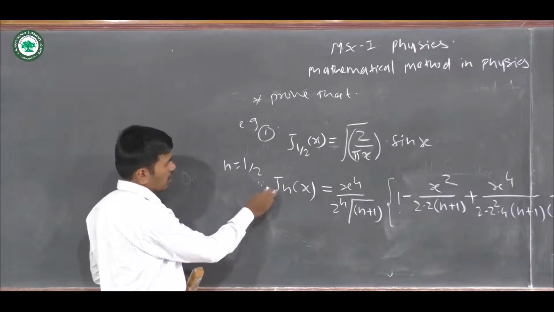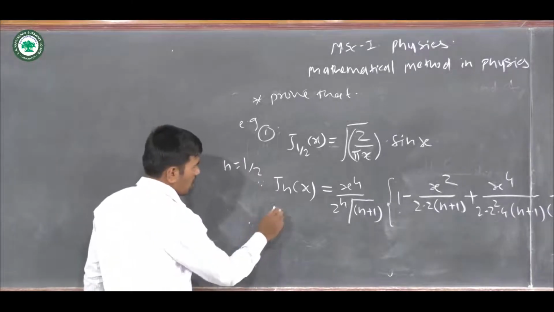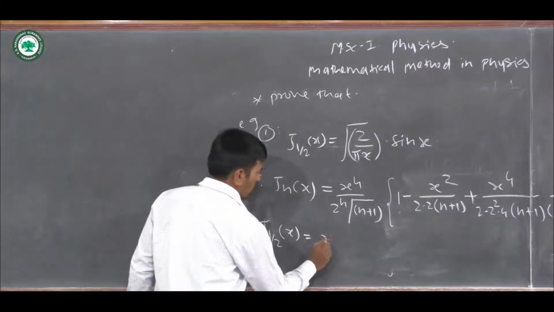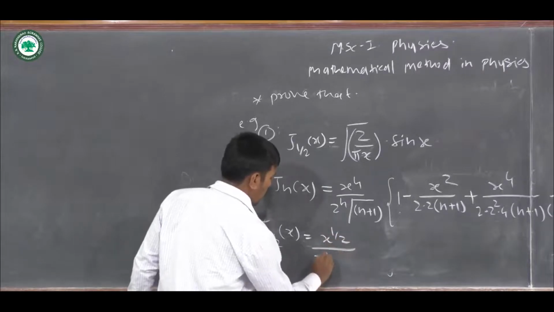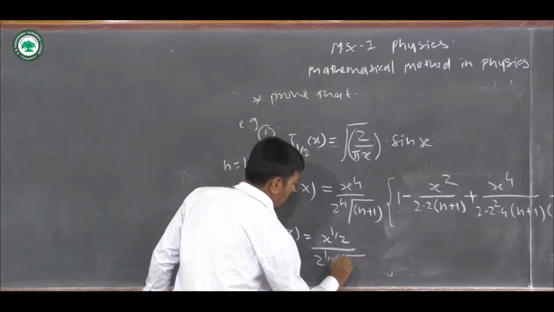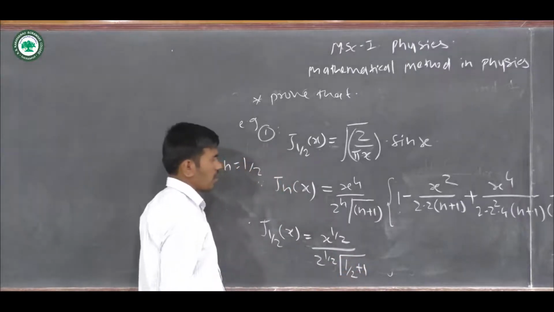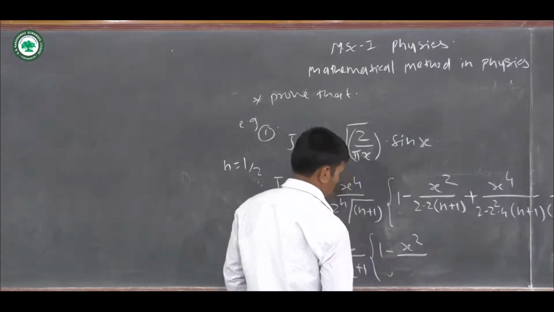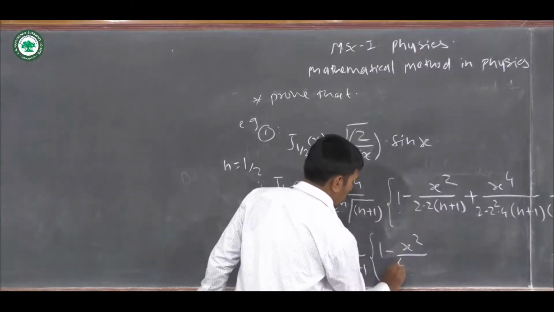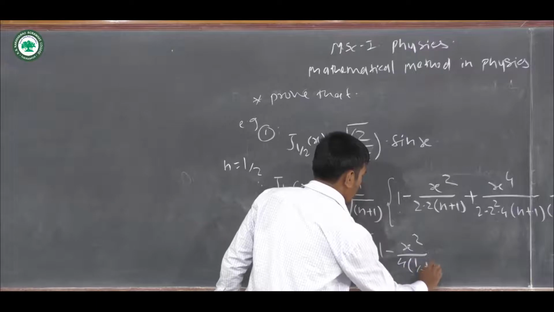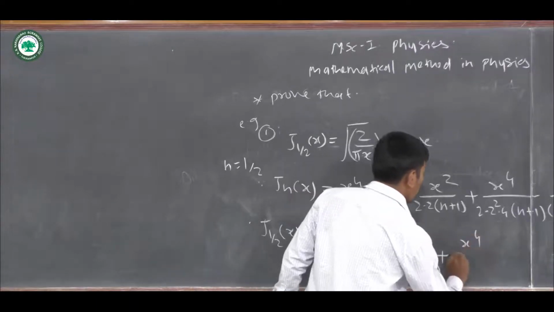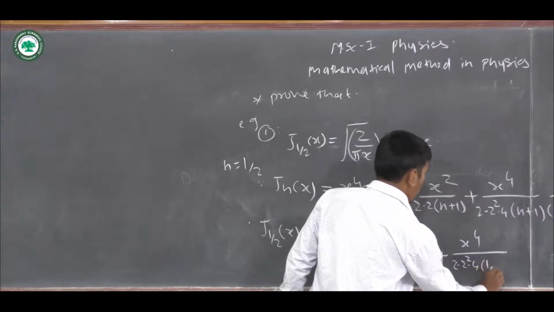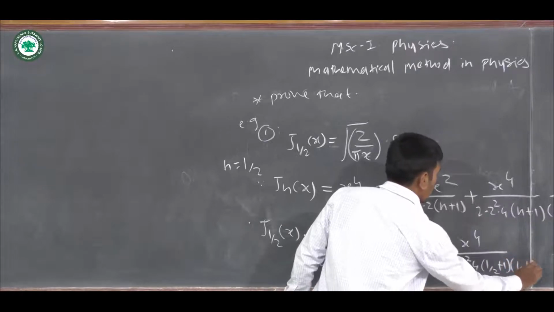So the series becomes J half of x is equal to x power half divided by 2 power half, gamma half plus 1, into 1 minus x square divided by 2 into 4, half plus 1, plus x power 4 divided by 2 into 2 square into 4, half plus 1 into half plus 2, and so on.